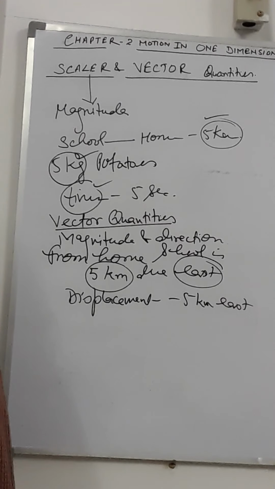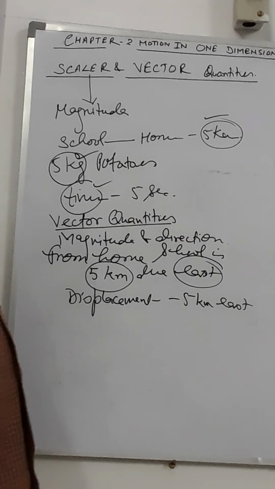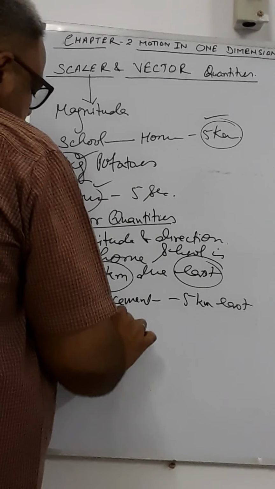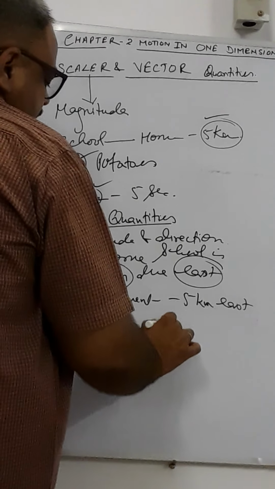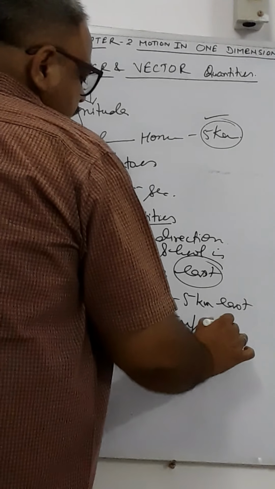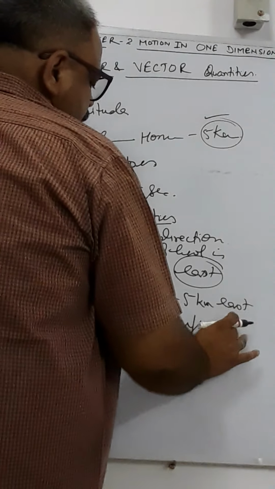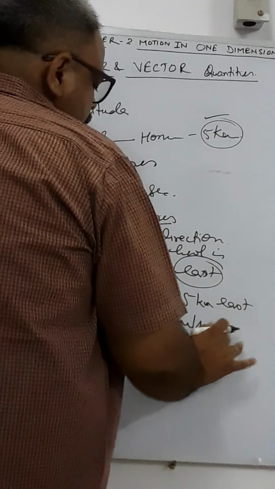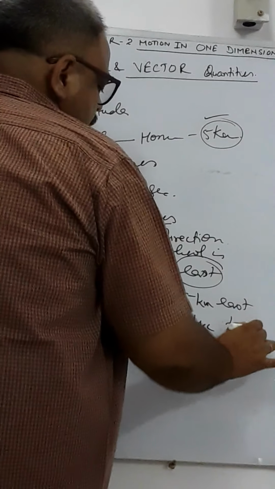Displacement, velocity: 5 meter per second, due north, the body is moving to the north.